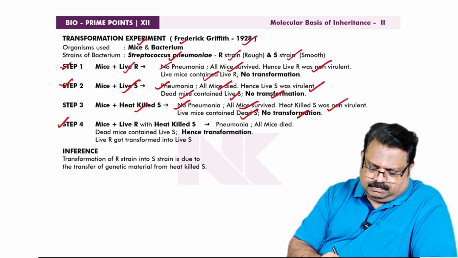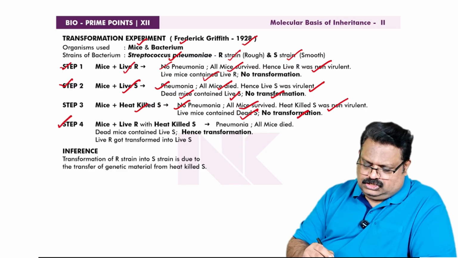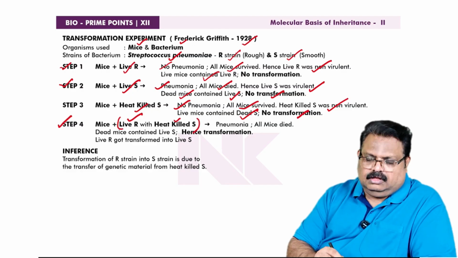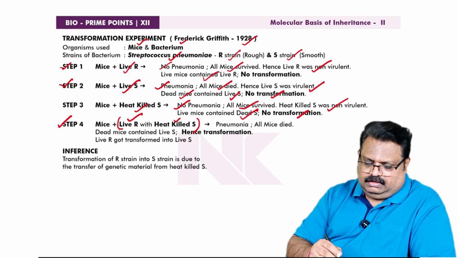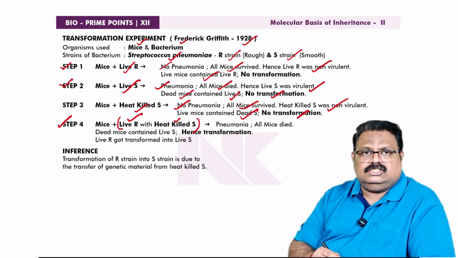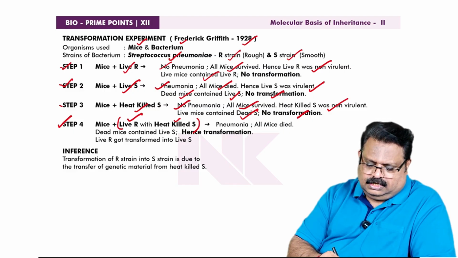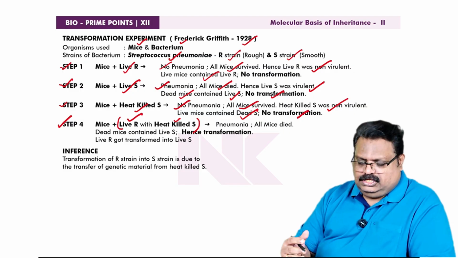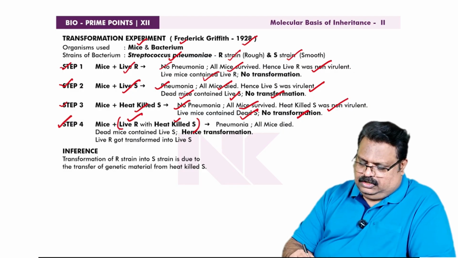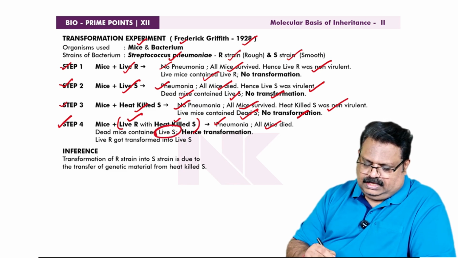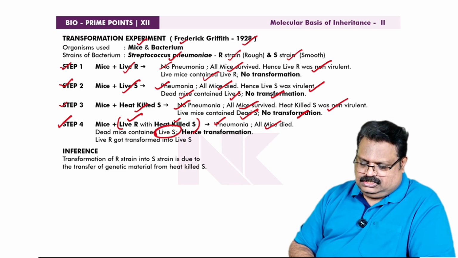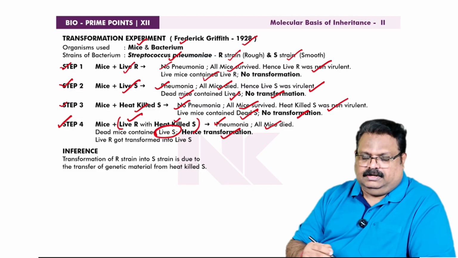In the last step, he injected a mixture of live R with the heat killed S into the body of the mice. The live R was supposed to be non-virulent in the first step. The heat killed S was also proved to be non-virulent in the third step. But when he injected them together, pneumonia occurred, all mice died, and inside the dead body of the mice, he identified the presence of live S. That means there is a transformation.